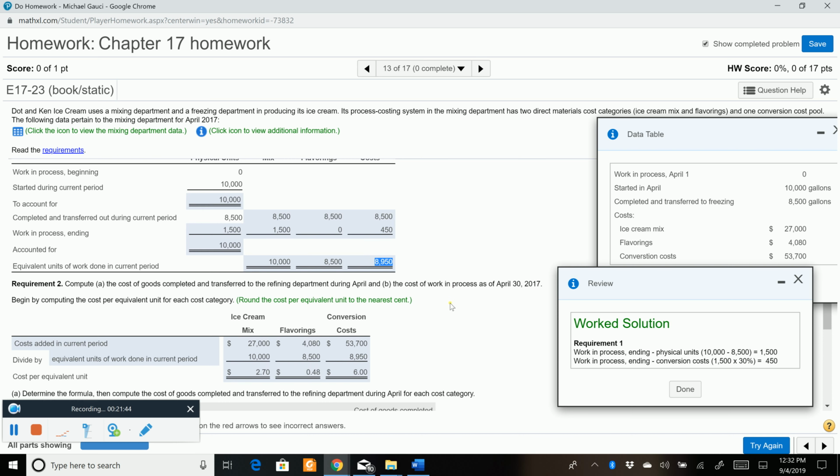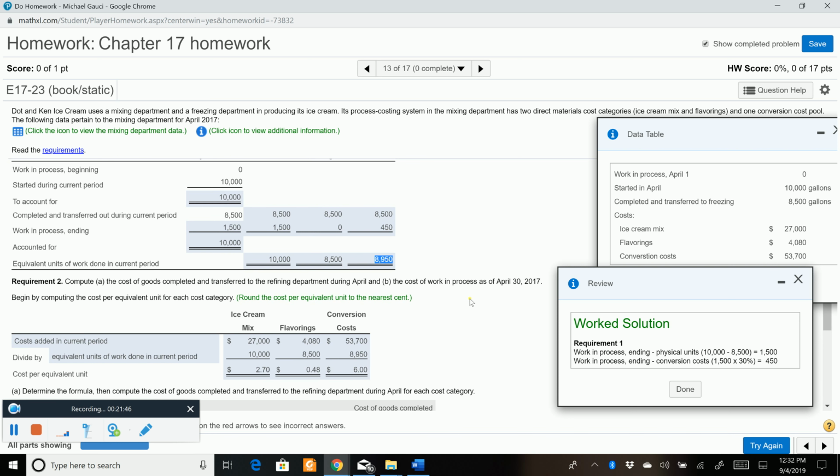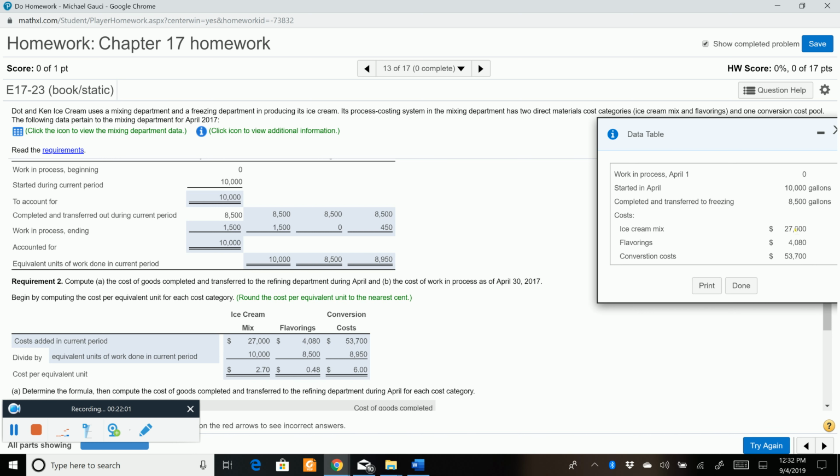And now what we are going to do is figure out our cost per equivalent unit. By figuring out the cost per equivalent unit, we need to now introduce the actual costs. And over here on the right-hand side, you can see the author has given us the costs that we've introduced during the period.